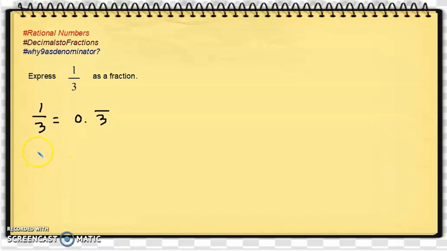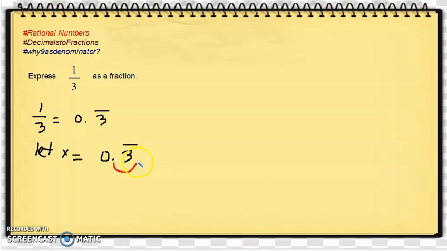So first, we have to let x be 0.3 with a bar on top. And from this, we just have to move the decimal point one place to the right so that we are going to have a whole number in the decimal number equivalent.